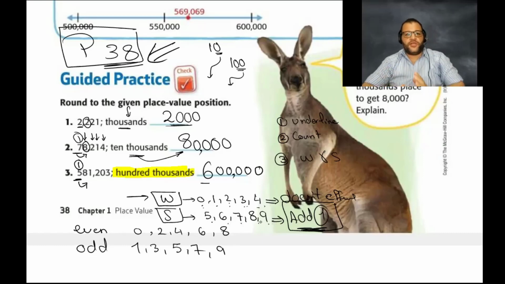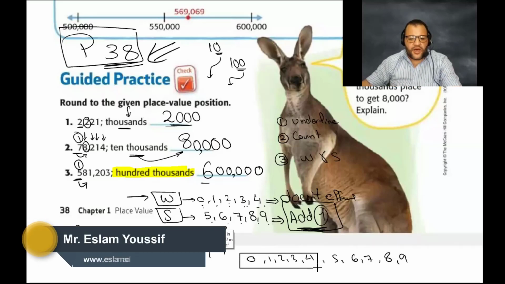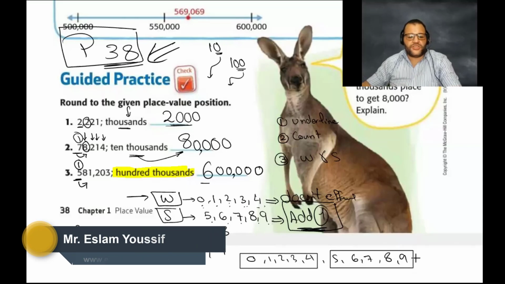We divide the digits into 2 parts. How many digits do we have? We have 10 digits: 0, 1, 2, 3, 4, 5, 6, 7, 8, 9. We divide them into 2 equal groups. The first group is formed from 5 digits, and the second group is formed from 5 digits also.